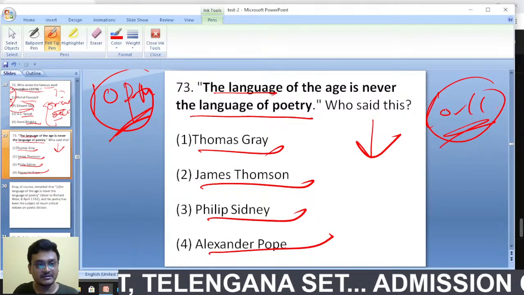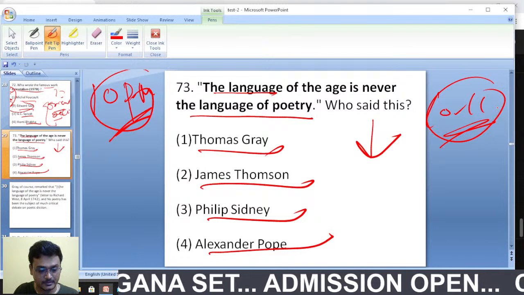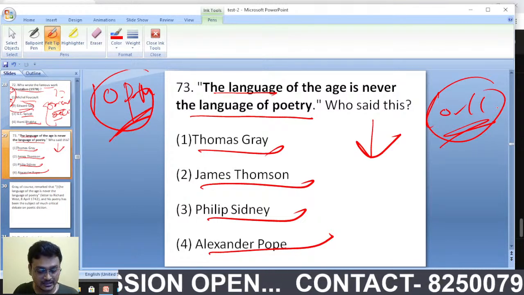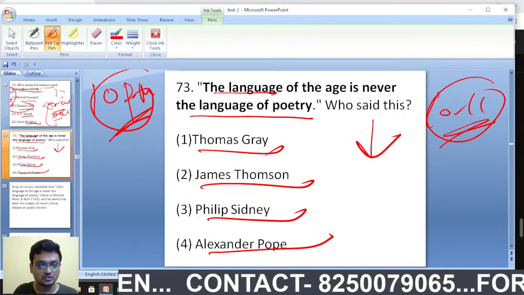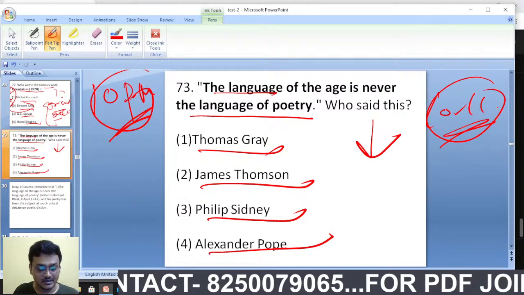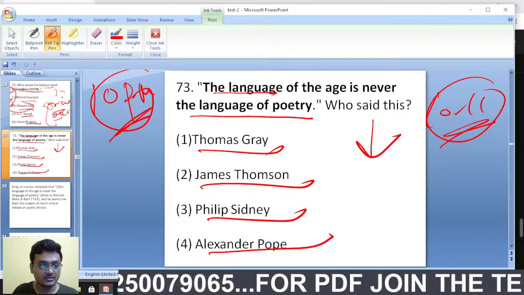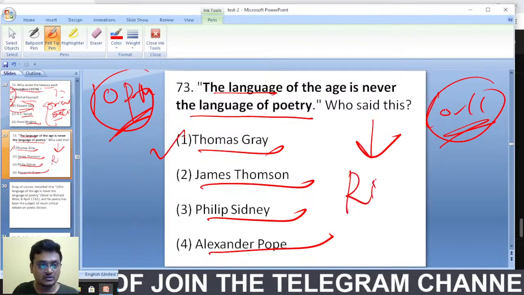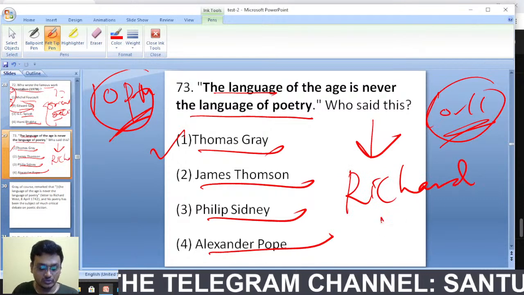The language of the age is never the language of poetry. Who said this here? Sucharita, it is Thomas Gray. Excellent, Anindita too. It is Thomas Gray, in a letter to Richard West.